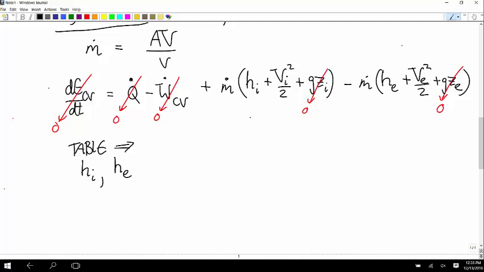We don't have the temperatures. Well, dang it. Okay, well, let's look it up. Anybody have an ideal gas table for air? Or did you do that in your homework?